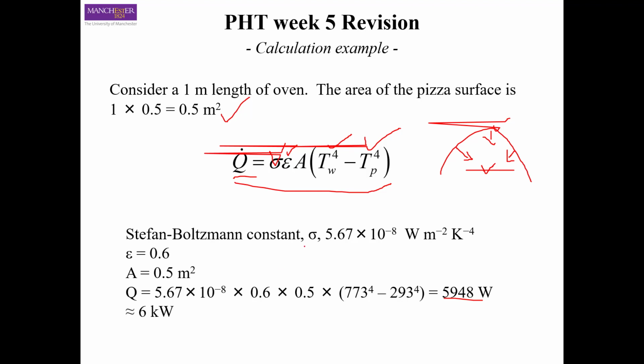Another important thing is that, as I said, we haven't used the view factor. The reason we ignore the view factor, or consider it to be 1, is because we assume that the slab of pizza is completely surrounded by the oven. So all the radiation coming from the walls of this oven is received by this pizza slab.